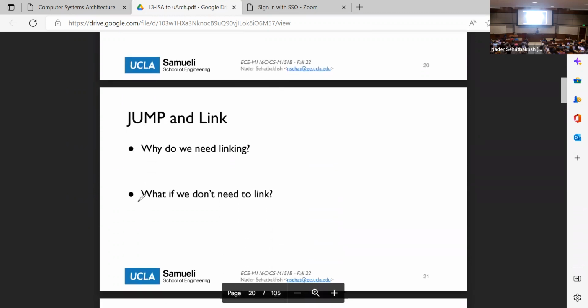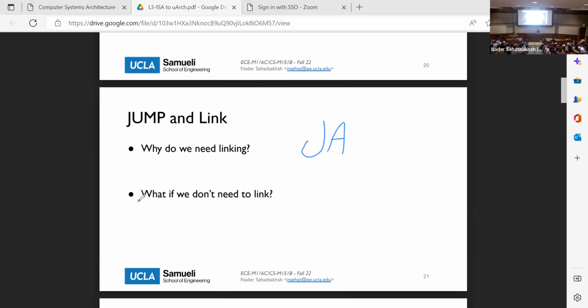And this is specific to RISC-V. There is this specific instruction called jump and link, which they call JAL. The J part is the same jump that I just described. This linking part is basically saying that for each jump, there should be a return.